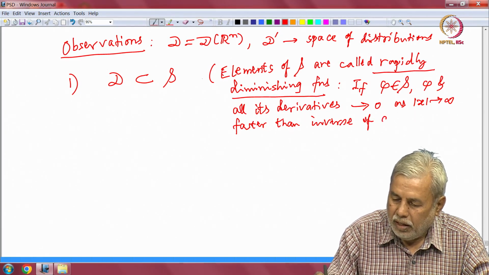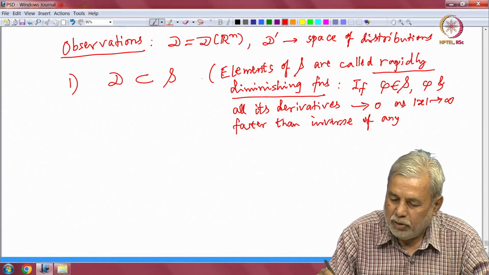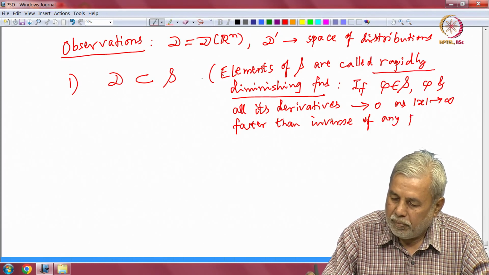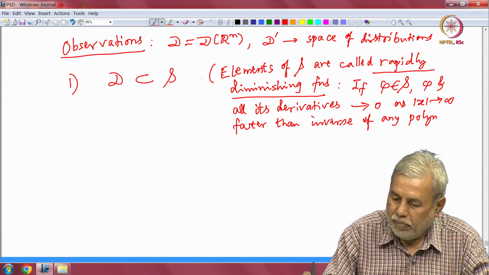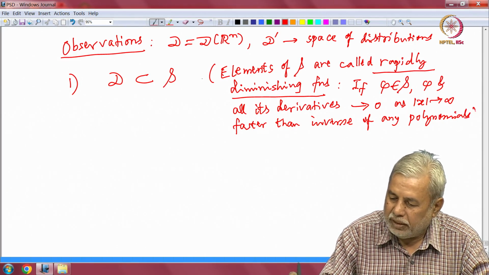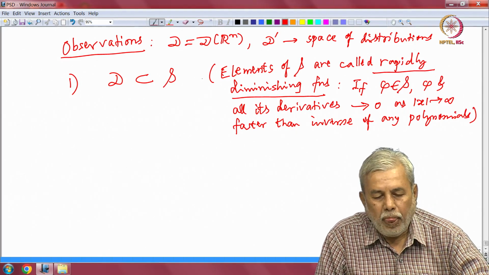Just look at the definition, you will see that. We will make use of this again and again.